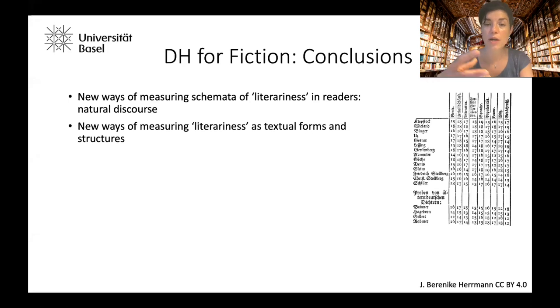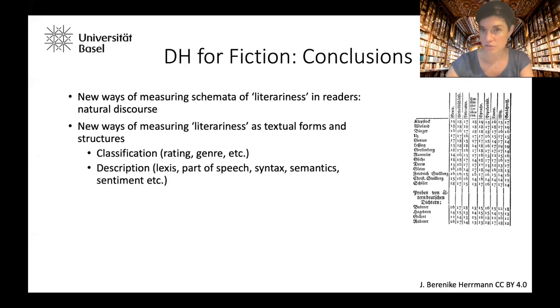And also, starting to look at the textual forms and structures linking this kind of data to the literary and fictional data themselves. We can use the classification of rating and genre and so on. And of course, the description, which I just reported on at the beginning.